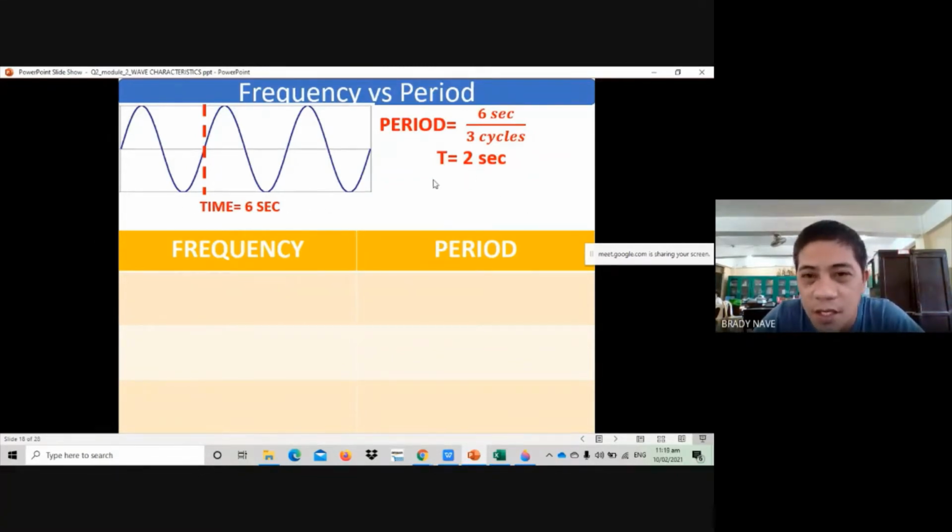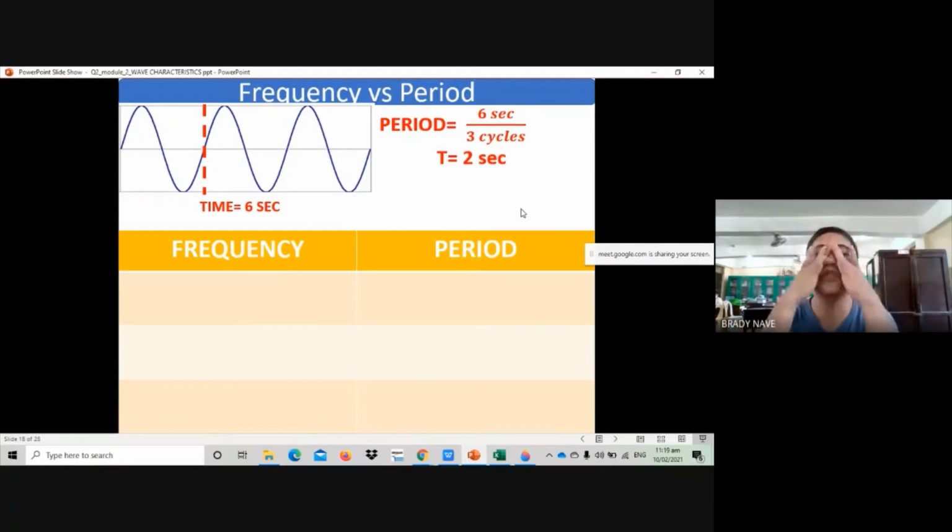So ibig sabihin, pwedeng ang reciprocal ng period is frequency, and the reciprocal of frequency is period. So if I ask you to get the reciprocal of 2, the reciprocal of 2 is 1/2, and 1/2 is the frequency. So kung i-reciprocal natin ang 1/2 na frequency, ang result ay 2. So yan na ang period.